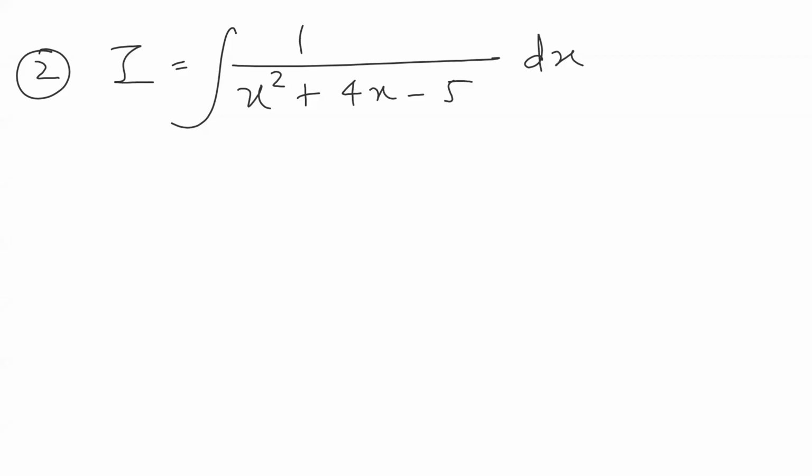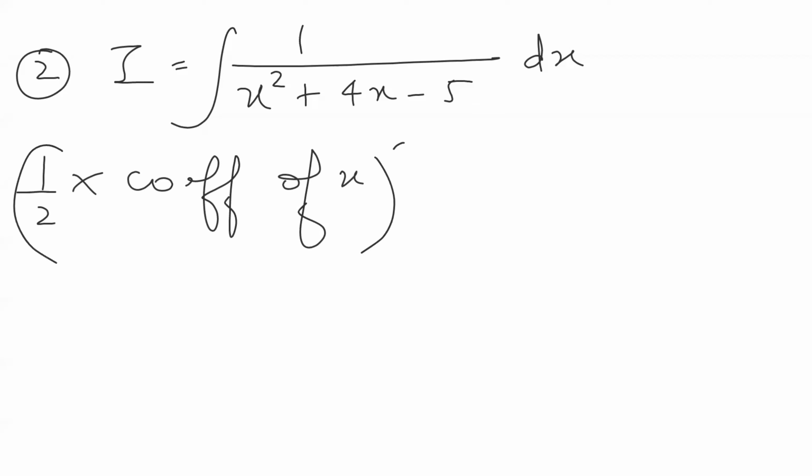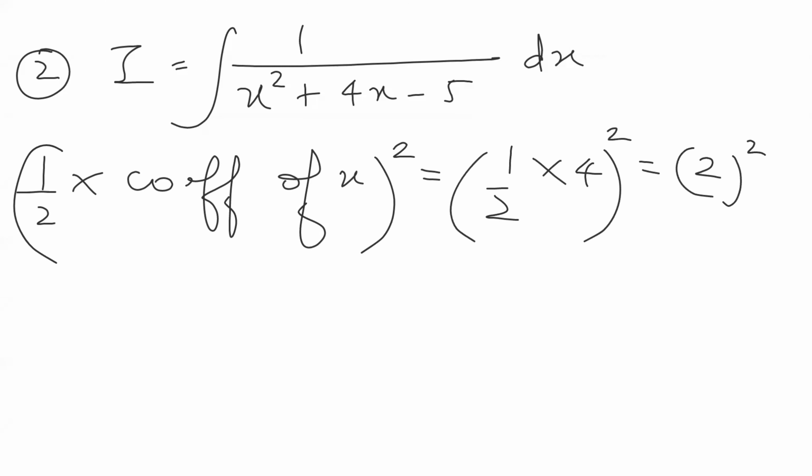If that thing is not there, it's okay. Then proceed. How to proceed? Half into coefficient of x, whole square. So half into 4 square, which is equal to 2 square.